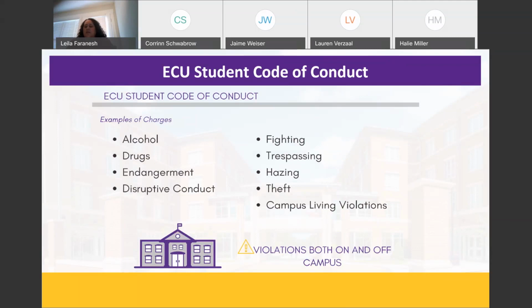Disruptive conduct, trespassing, hazing, which is usually tied into some type of student organization or club sport, theft, and then anything that involves a student's living situation in campus living. So they're held to the Student Code of Conduct, but they're also held to other violations related to the environment in campus living. And again, they address both on and off campus.